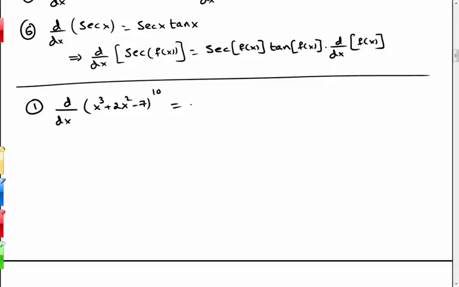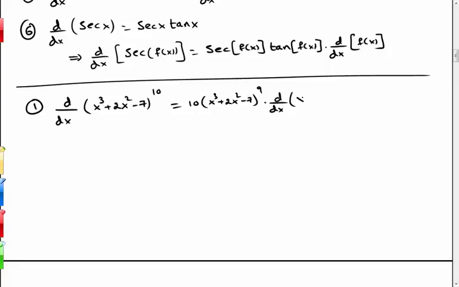So applying that, 10 times this quantity x cubed plus 2x squared minus 7 raised to 9. Don't stop there. Be sure to multiply by the d/dx of f of x itself.